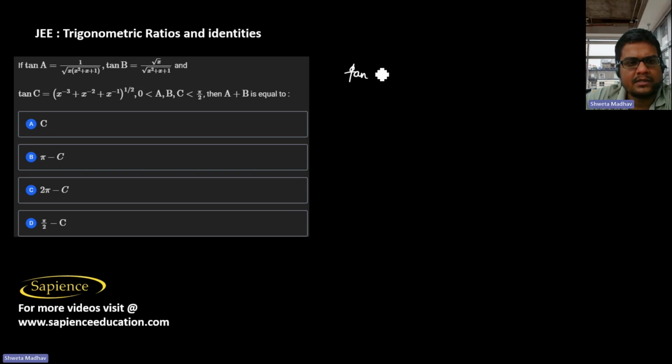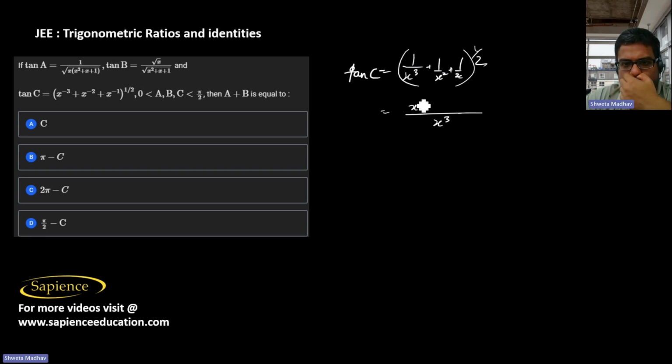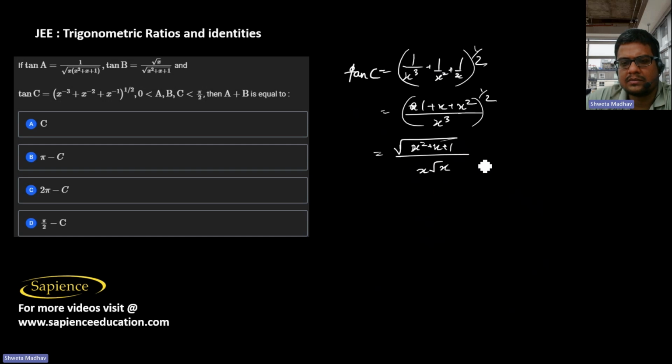Now here tan C is actually (1 by x cube plus 1 by x square plus 1 by x) whole power half. So if you take LCM x cube, this is x into (1 plus x square) whole power half. This is root over (x square plus x plus 1) divided by x root x. That means 1 by tan C is equal to x root x by square root of (x square plus x plus 1).